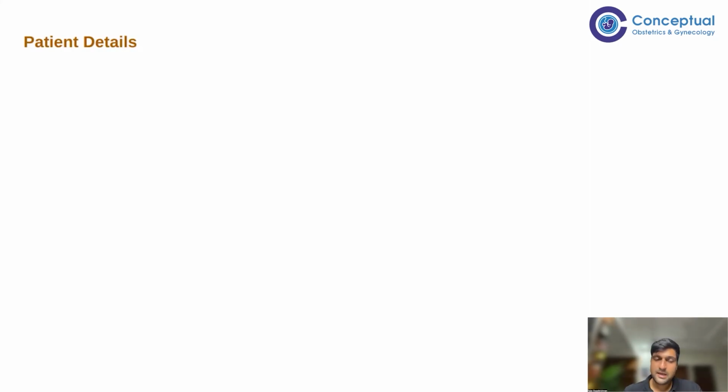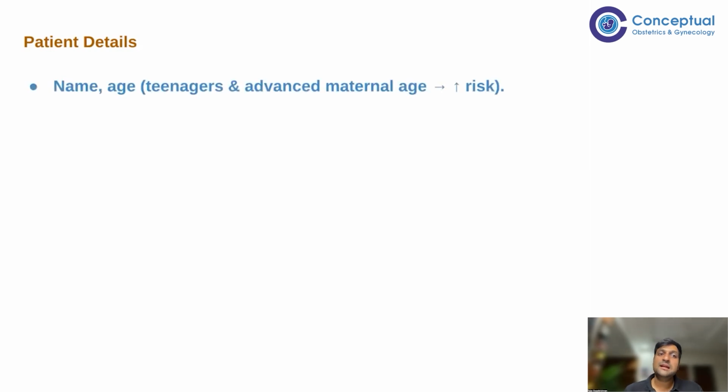For example, if it's a hypertensive disorder in pregnancy, we know that age is important, because teenagers and advanced maternal age both are at very high risk of preeclampsia, eclampsia, gestational hypertension, etc. Teenagers are more commonly associated with preeclampsia, whereas advanced maternal age will be more commonly associated with chronic hypertension. But in both of these cases, there would be hypertension, and that will be deleterious for the pregnancy. So age is extremely important.